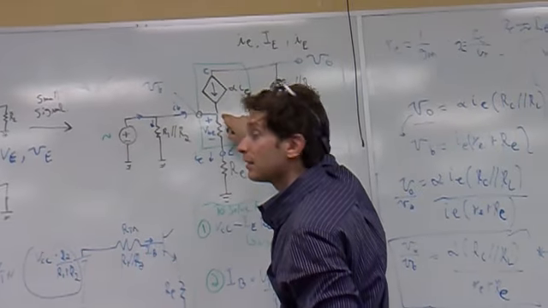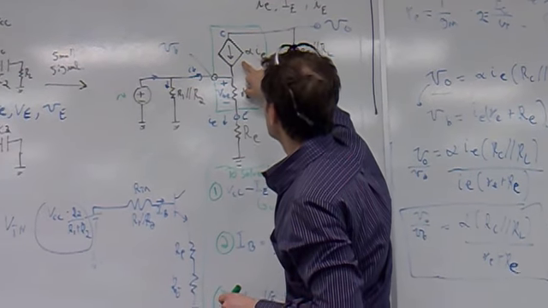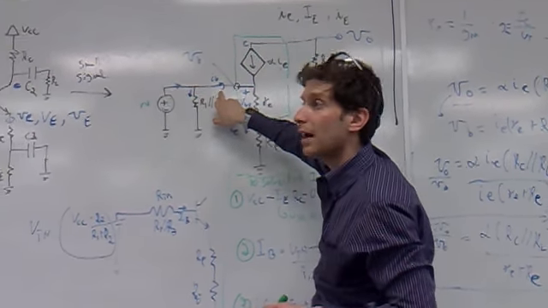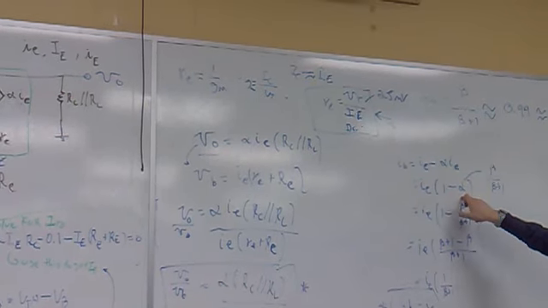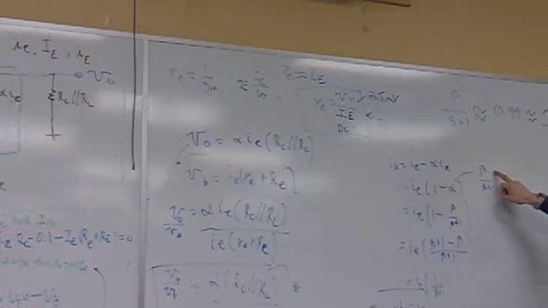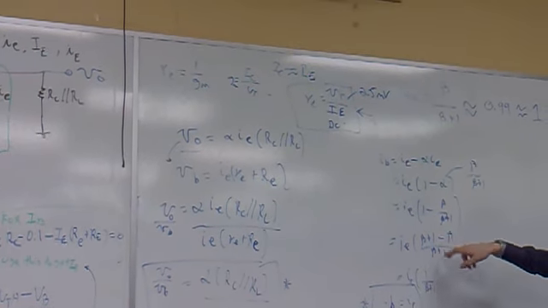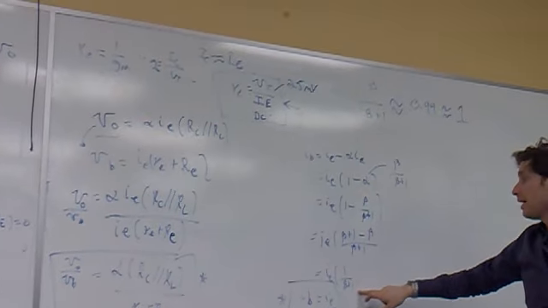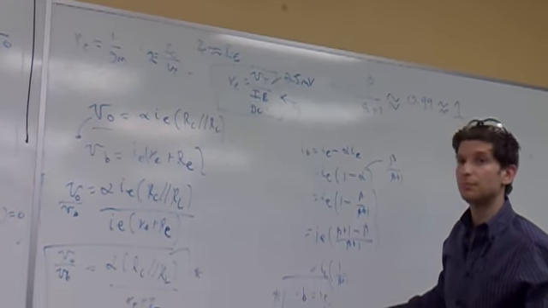We're doing KCL at this point, which is everything going through here, which is IE, minus whatever's coming in, which is alpha IE. It's going to equal whatever's left here, which is IB. Is that clear? So IB, I'm going to factor, is IE times 1 minus alpha. What's alpha? Beta over beta plus 1. I put it in. I solve this guy. I get this. IB is equal to IE over beta plus 1.